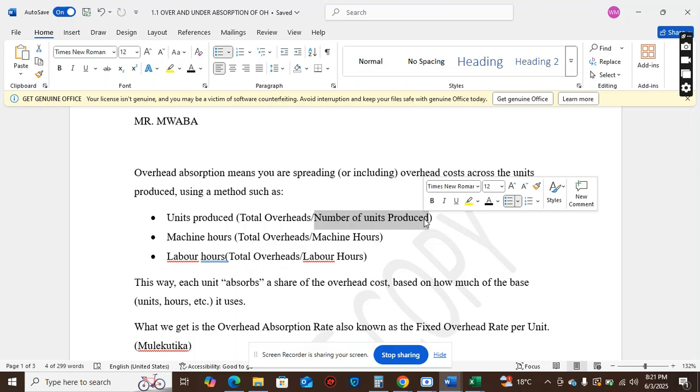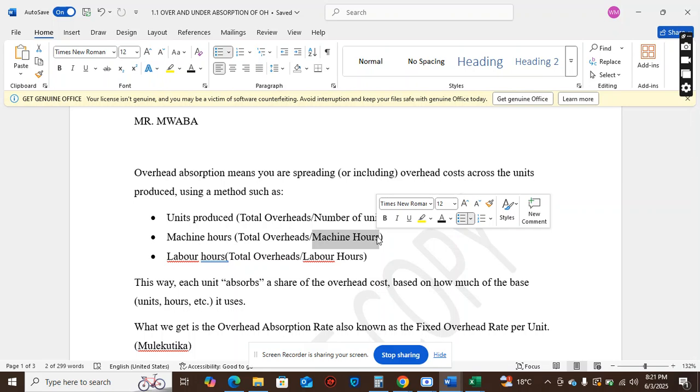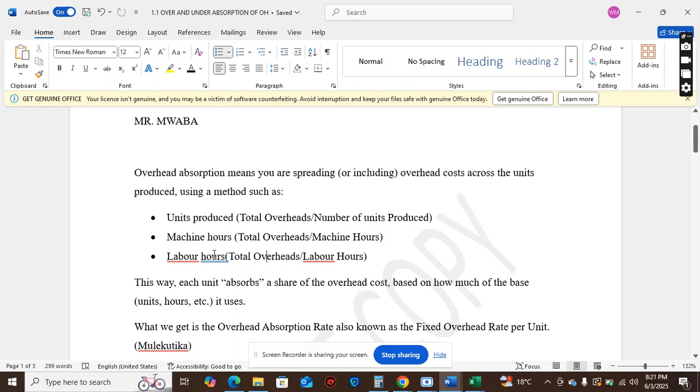You can include the overheads through machine hours. Just get your total overhead cost divided by the total number of machine hours. There you've included those overheads through machine hours into the units you're producing. Another way is to use labor hours.